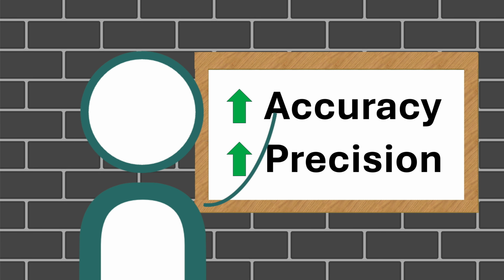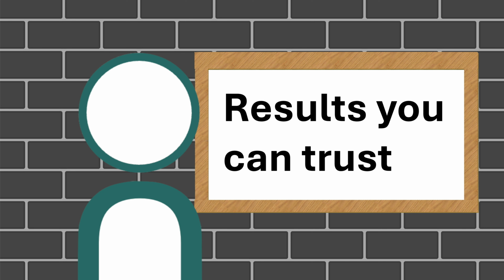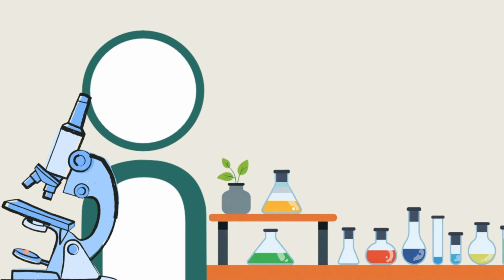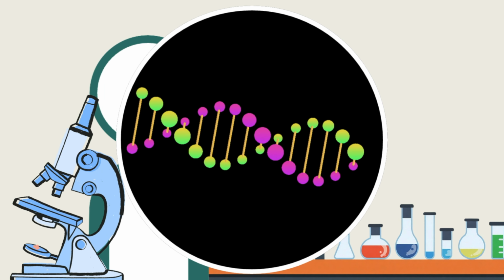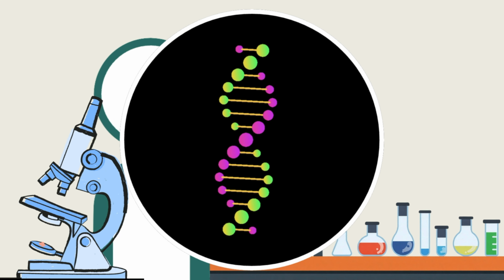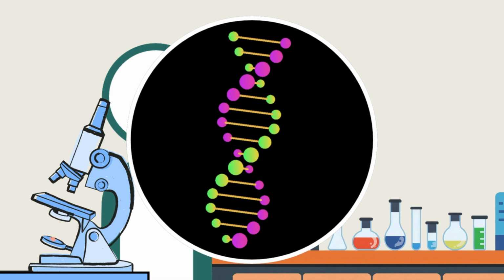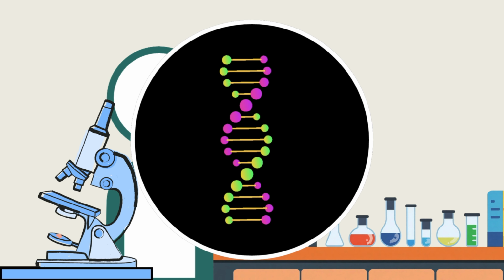This is the best case because there is very little error, results you can trust, and they are easy to repeat. For example, liquid biopsies can check blood for tumor DNA, giving very precise information about genetic mutations and helping doctors to choose the right treatment.